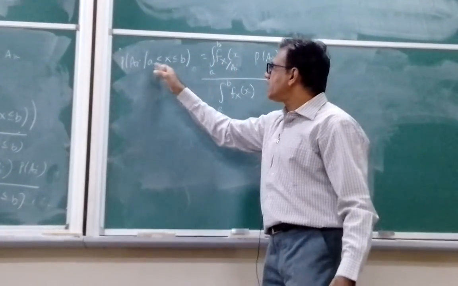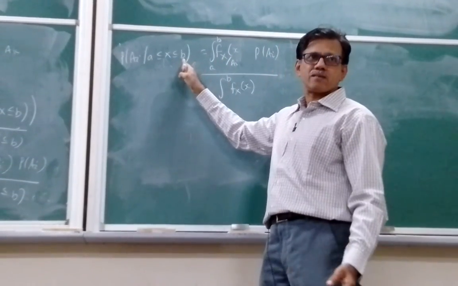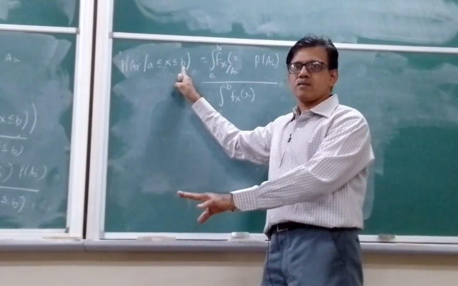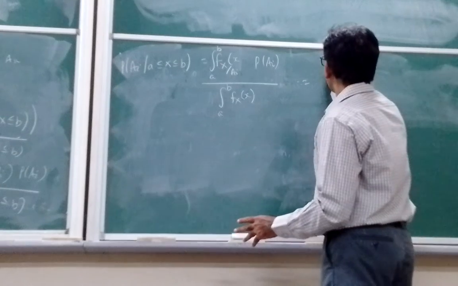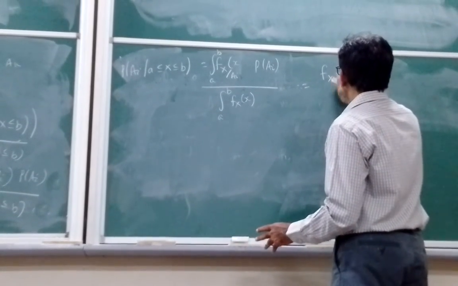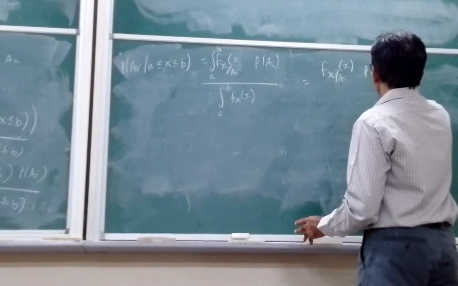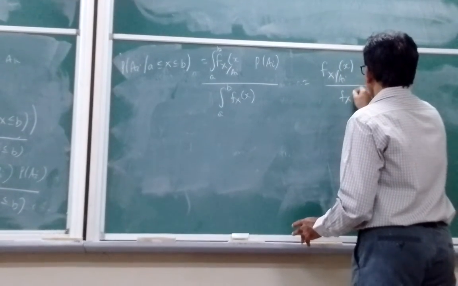I could also write a and x plus dx. That is nothing but fx of x into dx. So in general, what I can always write is fx of x given ai of x into p of ai divided by fx of x.